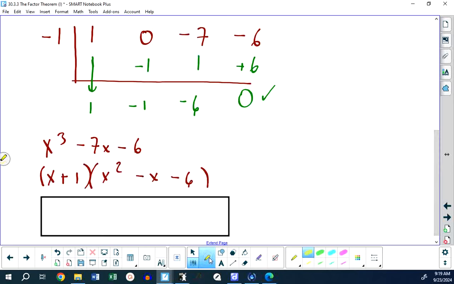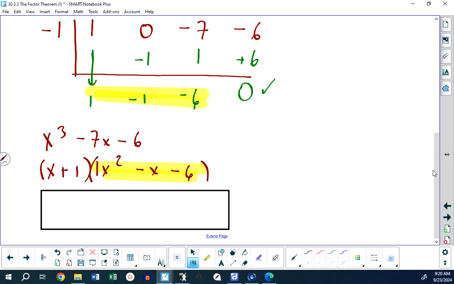And just to make sure, that's where I'm getting the x squared minus x minus 6 from. And factoring that is child's play. It's not even a trial and error thing because the coefficient of your quadratic term is 1. So it is x plus 1. What two numbers multiply to give negative 6 and add to give negative 1? Negative 3 and 2.